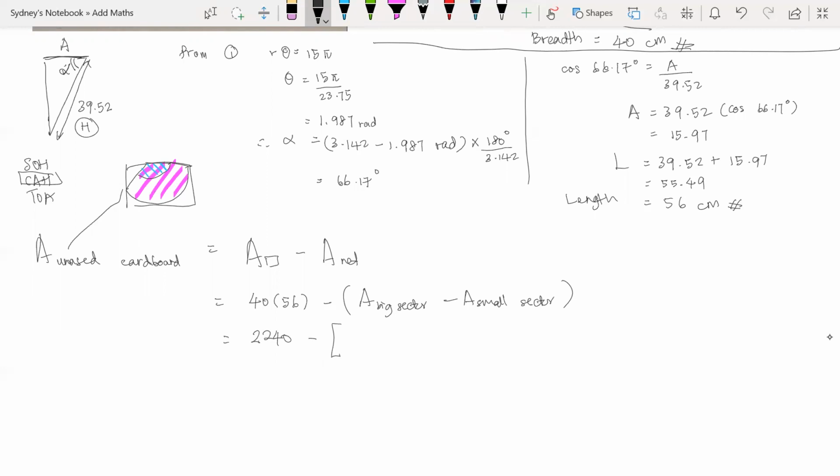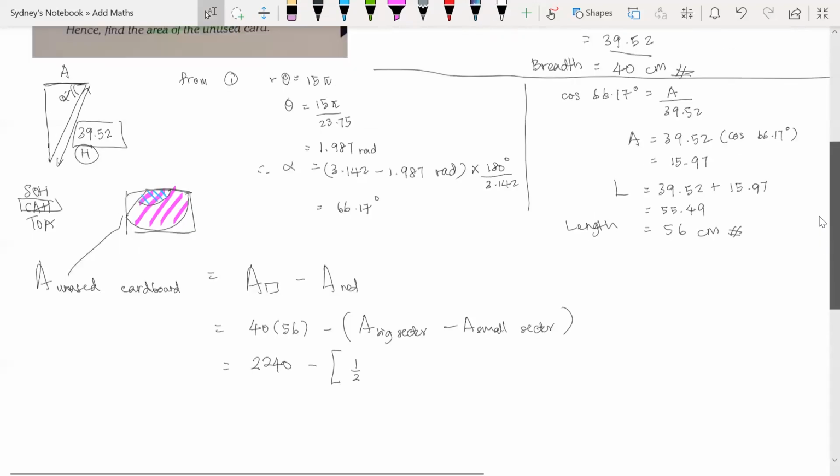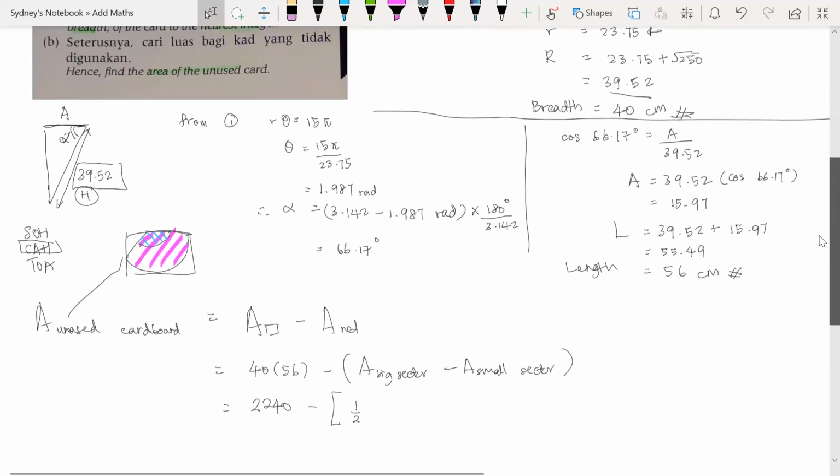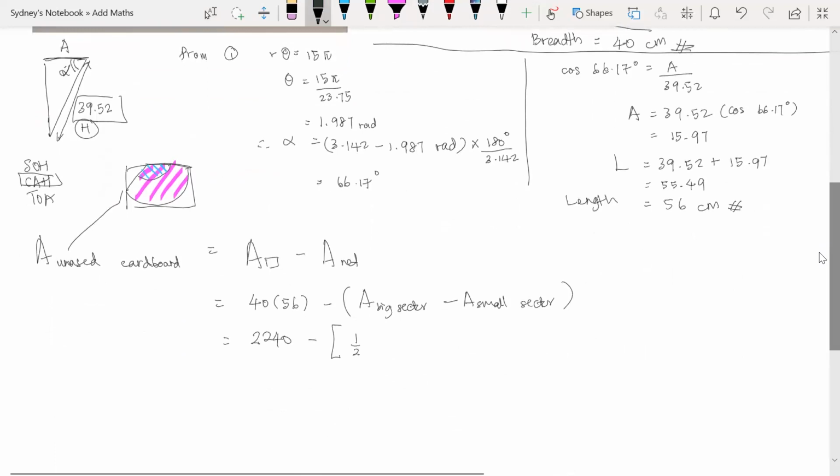Now the area of the big sector will be half r squared theta. So the big R is 39.52, the small r is 23.75. Okay, put it here, big R, 39.52, small r for the small sector is 23.75.